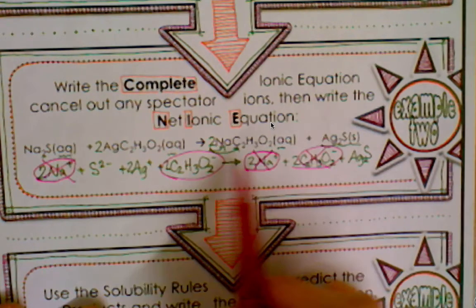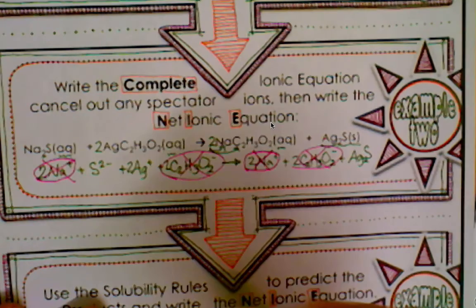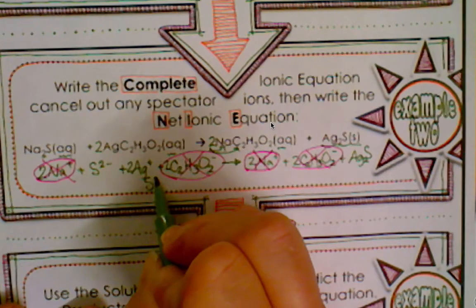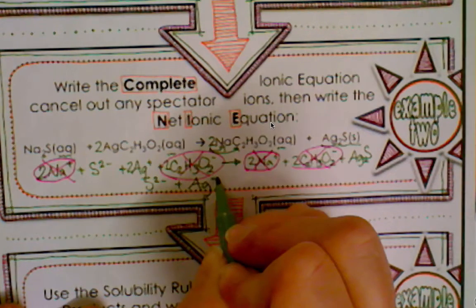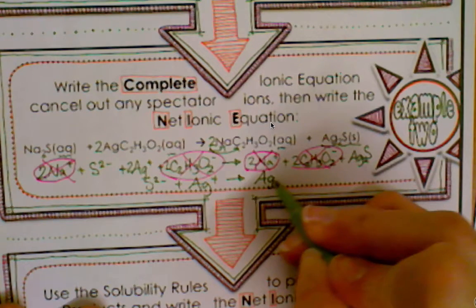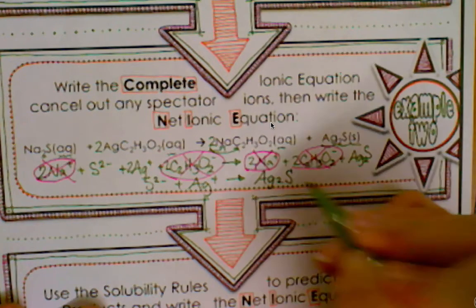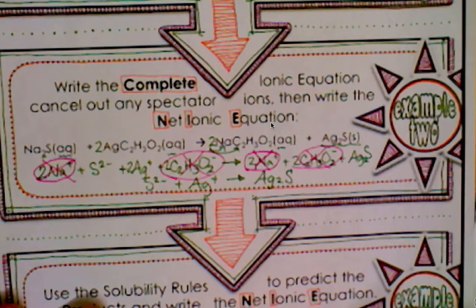So it's just a reaction between the sulfide ions and the silver ions. Sodium and acetate were just along for the ride. So our net ionic equation is going to show that we put silver and sulfide together to form a new compound. That's it. The sodium and the acetate ions are still just floating around in the beaker, just like they were before the reaction started.